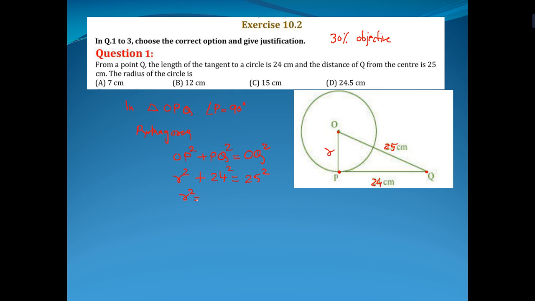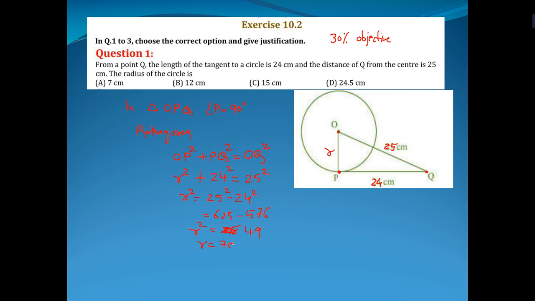So R square is equal to 25 square minus 24 square. That is 625 minus 576. Sorry, 625 minus 576 is 49. So R square is equal to 49.